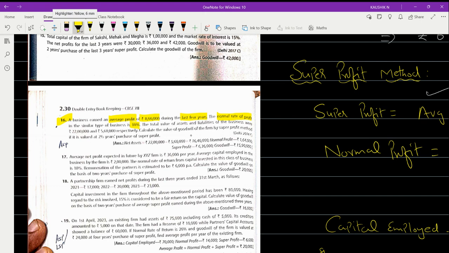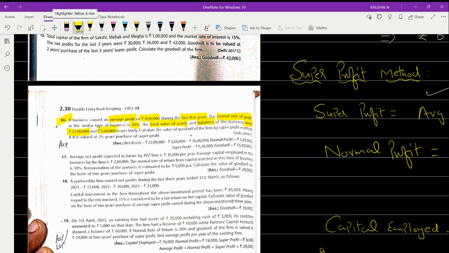NRR. Very good. The total value of assets. Now look here. The total value of assets and the liabilities of the business were rupees 22 lakhs and rupees 5 lakh 60,000 respectively. So the total asset value and the liability value are given to us.